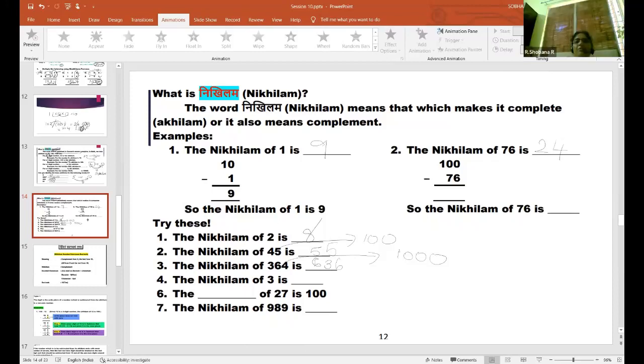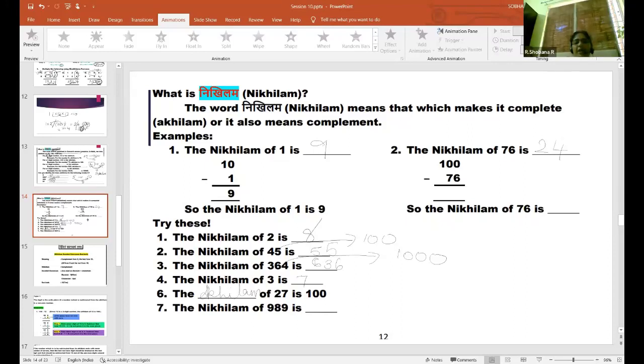Nikhilam of 3, 10 minus 3, which would be 7. So the Aquilam of 27 is 100.